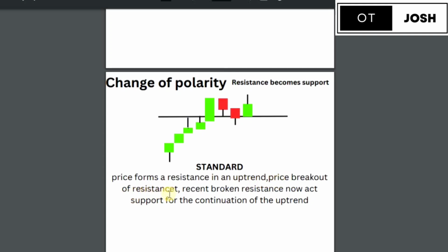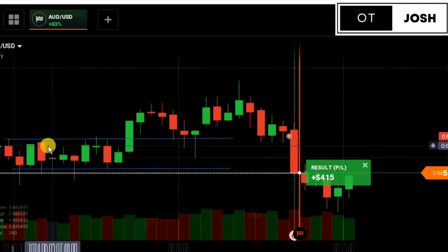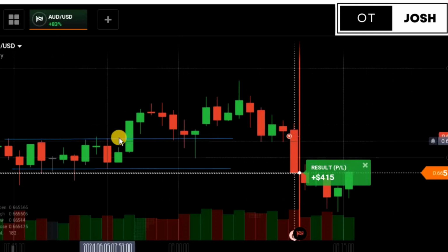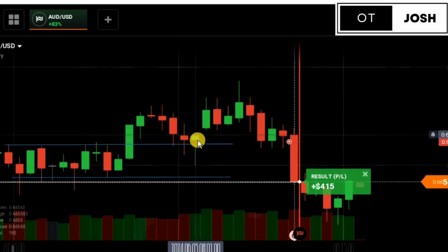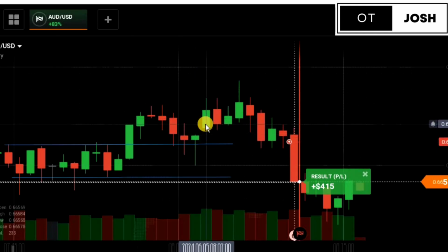Price breaks out of the resistance, and the recently broken resistance now acts as support for the continuation of the uptrend, which is this candle, a call.